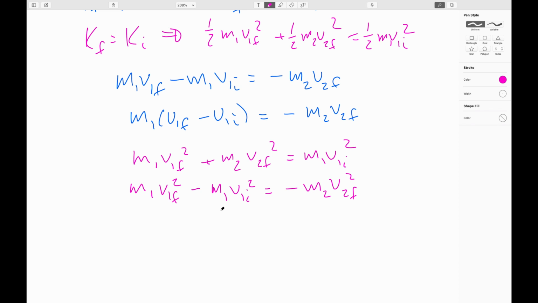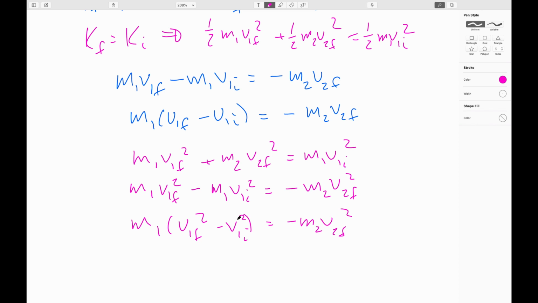These are starting to look suspiciously similar. So let's take this a little further. We can pull out an M1 here. All right. And now we remember, hey, the difference of two squares.